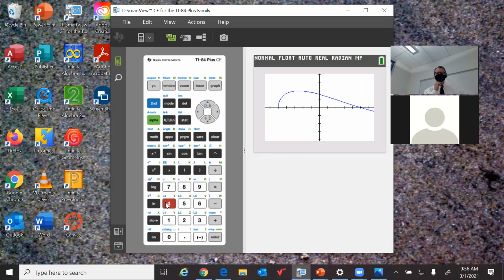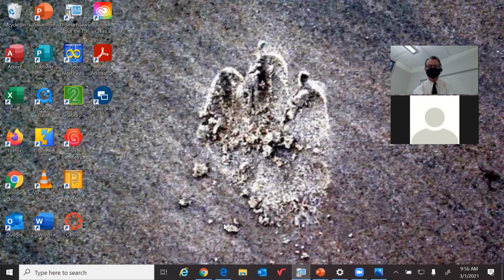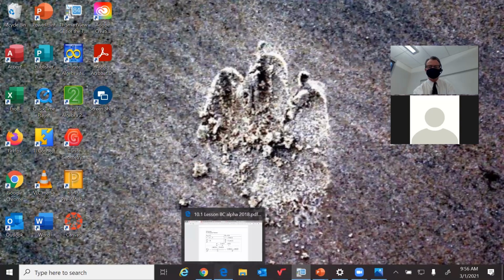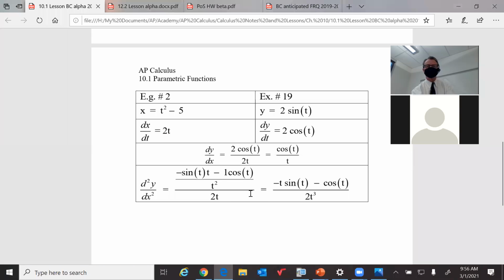You want the derivative of this. That's what you're being asked to do. So you differentiate each of the outputs individually, and their ratio would be 2 cosine t over 2t. The 2's reduce out. That's your derivative.